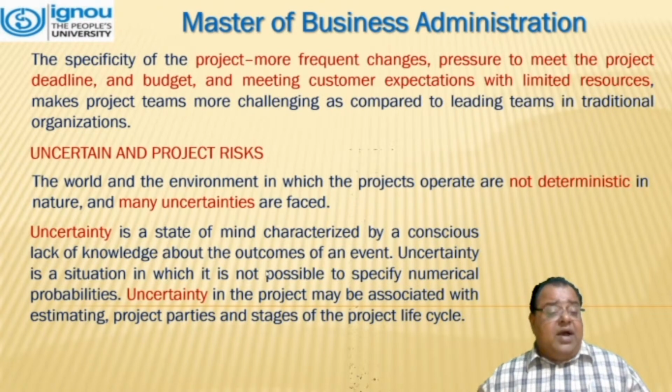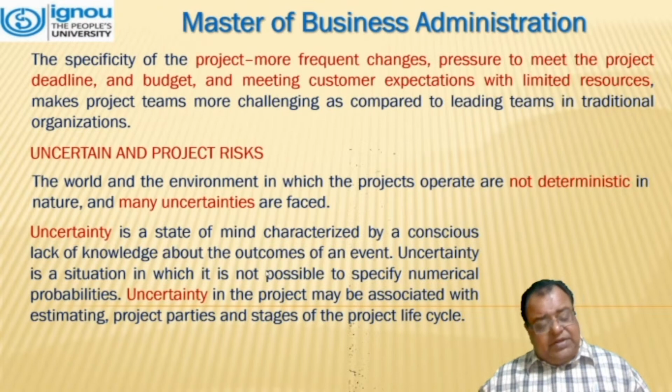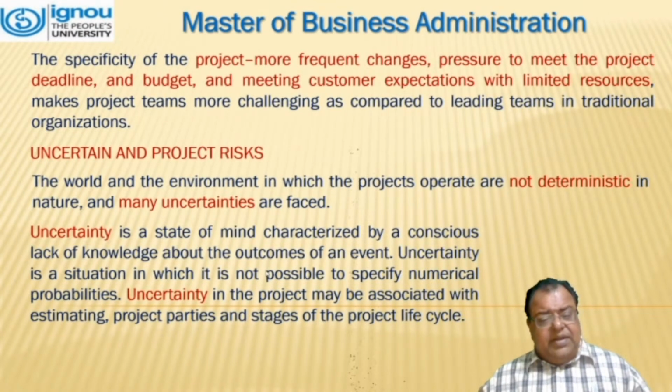What are uncertainty and project risks? The world and the environment in which the projects operate are not deterministic in nature, and many uncertainties are faced. Uncertainty is a state of mind characterized by a conscious lack of knowledge about the outcome of an event.